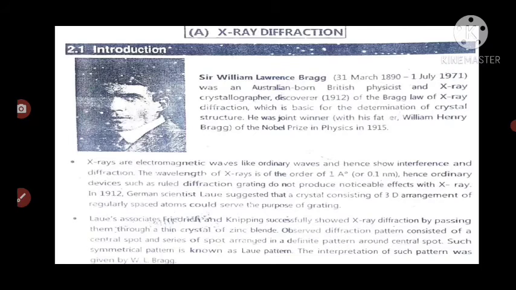The German scientist Laue suggested that a crystal is a three-dimensional arrangement of atoms, and Laue and his associates successfully showed X-ray diffraction by passing X-rays through a thin crystal of zinc blende, ZnS, whose structure we already saw in the last lecture, with its arrangement of Zn and S. On passing X-rays through this material, the observed diffraction pattern consisted of a central spot and a series of arranged spots.